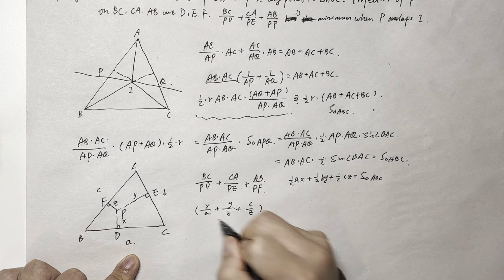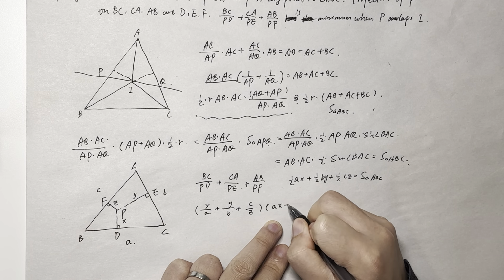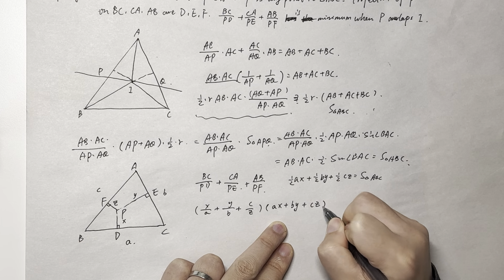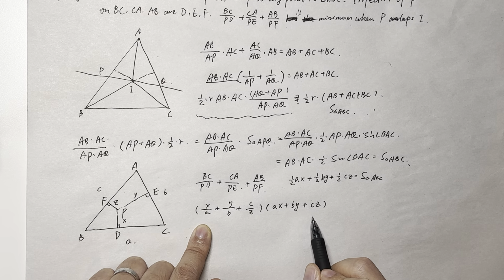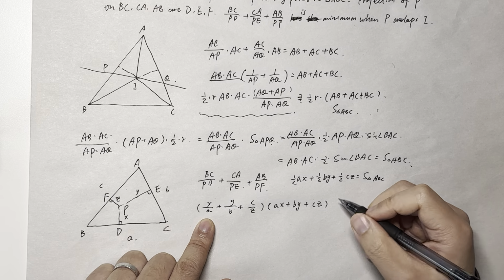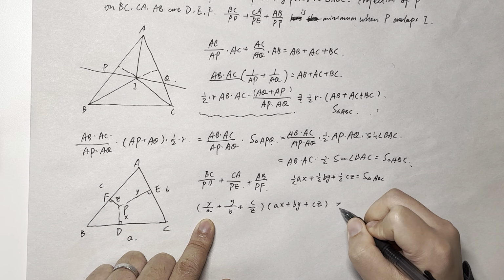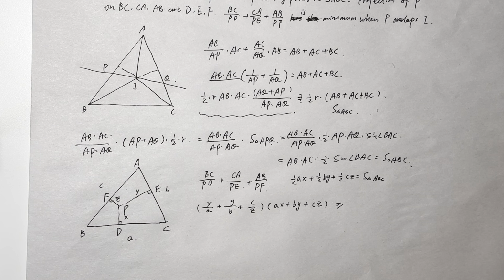So if we use this one times ax plus by plus cz, right? Based on the Cauchy inequality, I think I need to introduce the Cauchy inequality for a second.